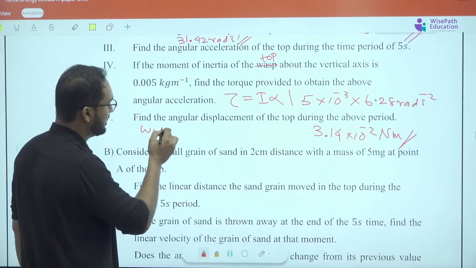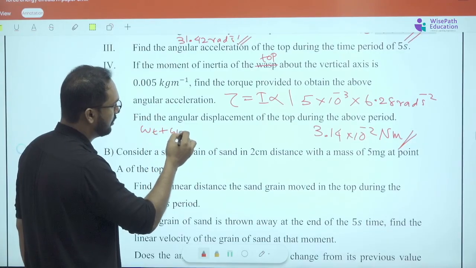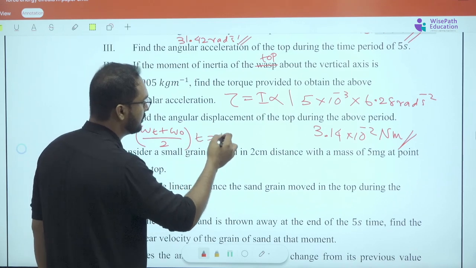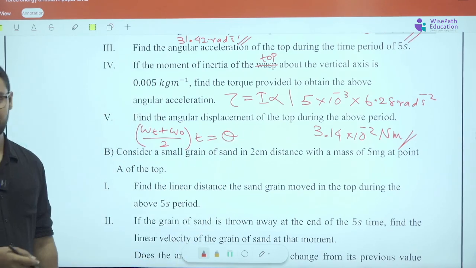Omega t plus omega naught divided by 2 multiplied by t is equal to theta, the angular displacement.